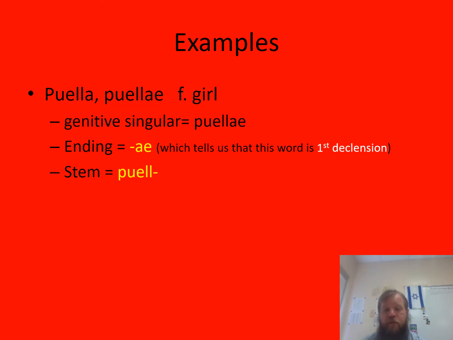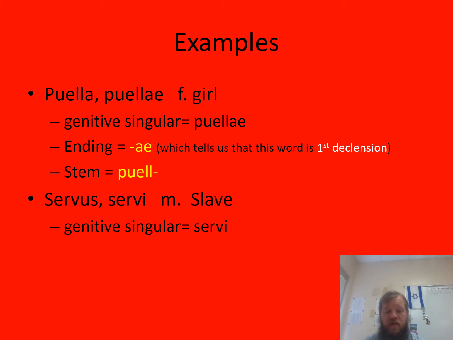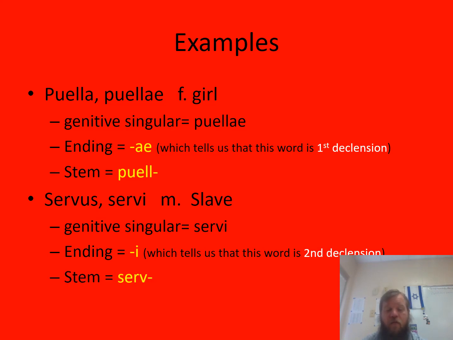It's that genitive form minus the AE. Servus, servi. What's our genitive singular? Our genitive singular is servi. What's the ending there? The ending is I, which tells us that it's second declension. What's our stem? Our stem is going to be servi minus the I, so it's serv.